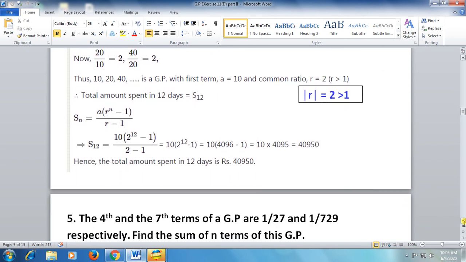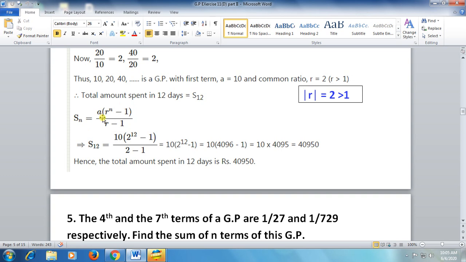So the terms of the sequence will be 10, 20, 40. The first term is a, common ratio is 2, which is greater than 1, and I need to find out the total amount spent in 12 days, that is the sum of 12 terms. As r is greater than 1, consider the formula Sn is equal to a into r to the power of n minus 1 by r minus 1.